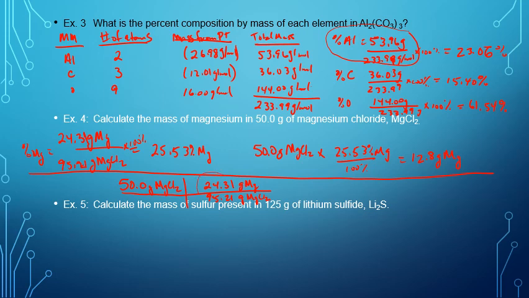So notice here, here's my percent composition concept right here that we're now just plugging into dimensional analysis type problems. So I can now get my grams of the magnesium chloride to cancel. I'm left with grams of magnesium in that process, and I can now solve.